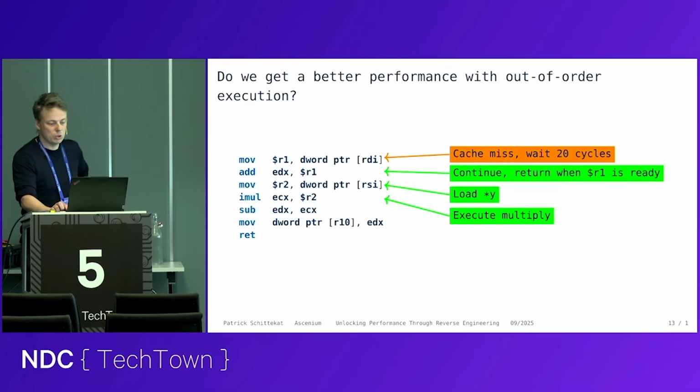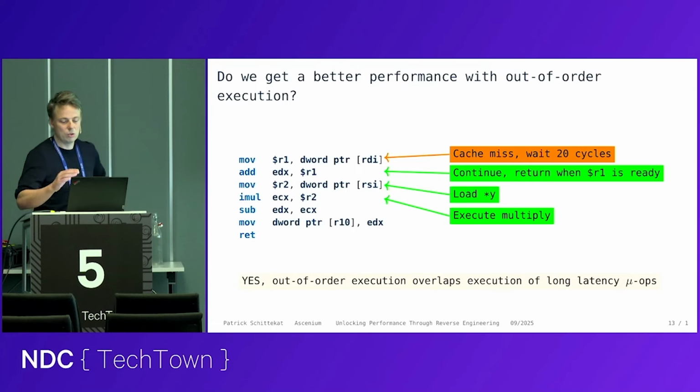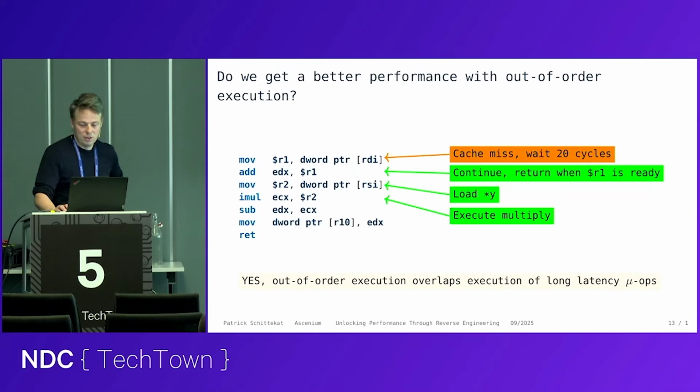And then execute the multiply that they can do, which is also a long operation, etc. So you see it goes beyond this stall. It starts executing things it can do. That's why you have an out of order backend. So out of order tries to get to the max speed by overlapping execution of long latency operations. That can be multiplications, loads, stores, etc.